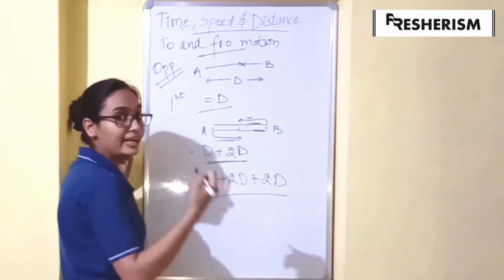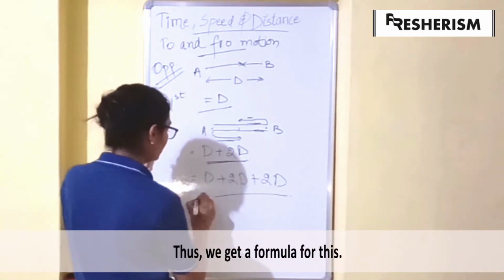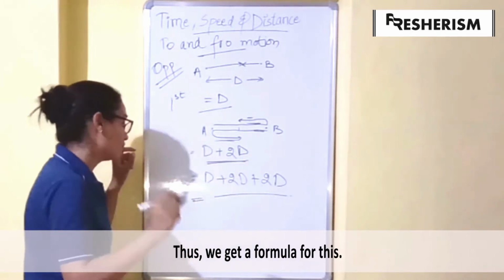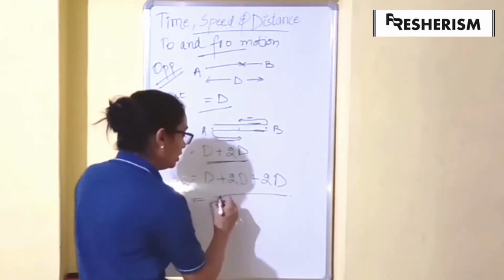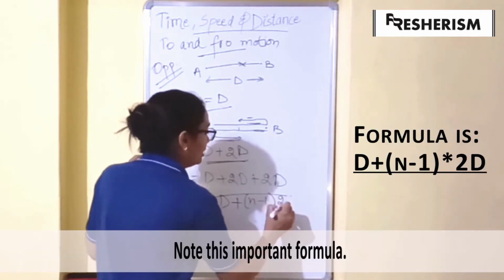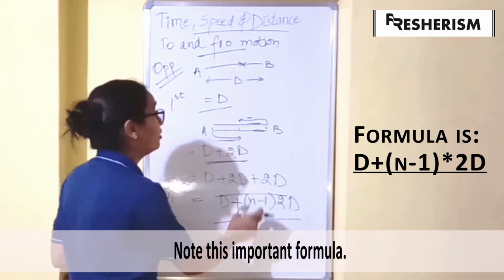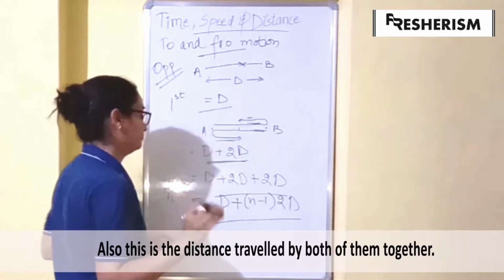So we get a formula here: for the nth meeting the two bodies would travel a total of d plus (n minus 1) multiplied by 2d distance. This is the distance travelled by them both together.